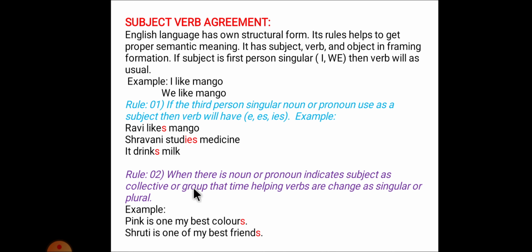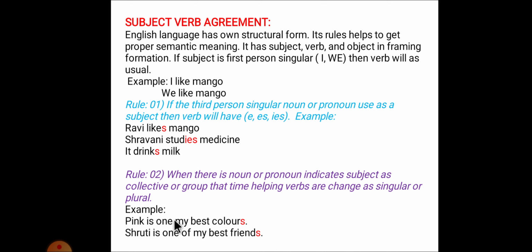The second rule: when a noun or pronoun indicates the subject as a collective or group, at that time helping verbs change as singular or plural. Pink is one of my best colors. So usually we will say pink is my best color. No, pink is one of my best colors.